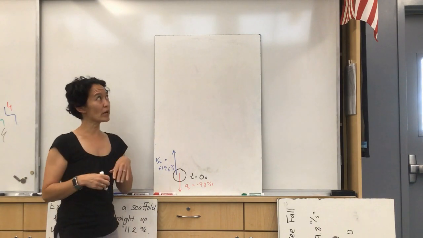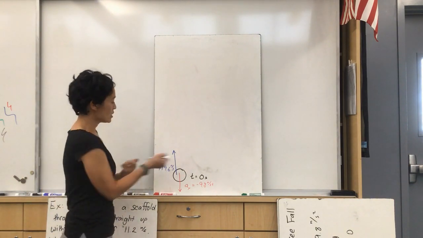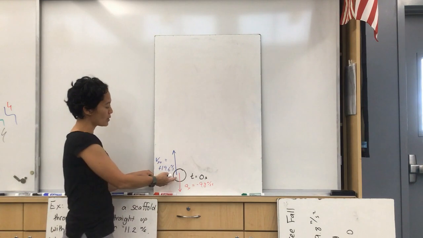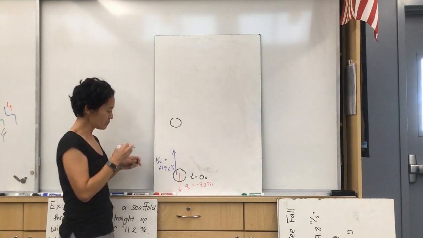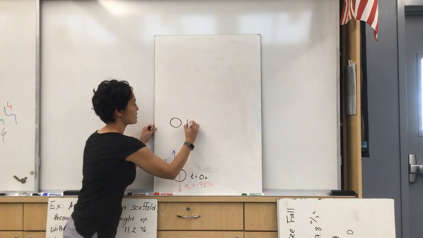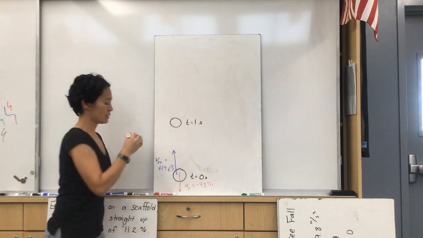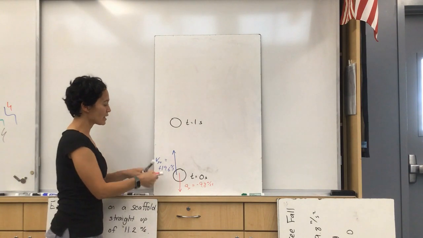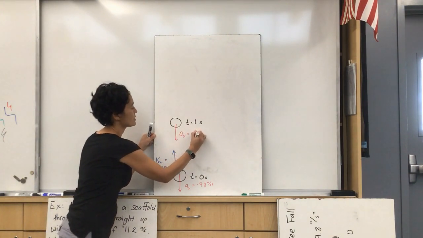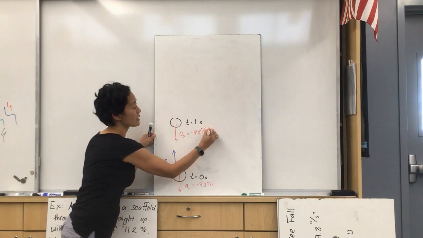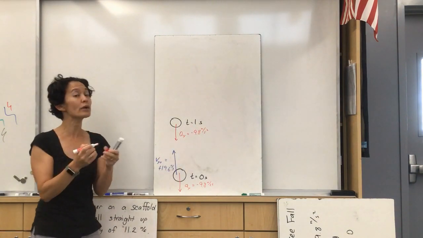So let's say I want to look at what happens 1 second later. So 1 second later, the ball is probably going to be about here, we'll say. So this is time equals 1 second. Gravity is still negative 9.8. Like that has not changed. My Ay is still negative 9.8. The Earth is still pulling it down, still slowing it down actually.